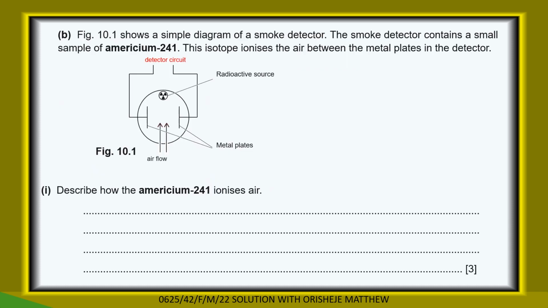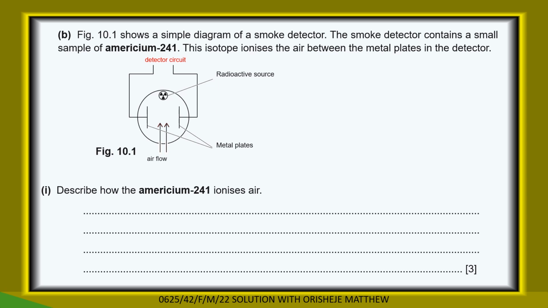Now, figure 10.1 shows a simple diagram of a smoke detector. The smoke detector contains a small sample of americium. This isotope ionizes the air between the metal plates in the detector. So we have this between these two metal plates. Describe how the americium ionizes the air.